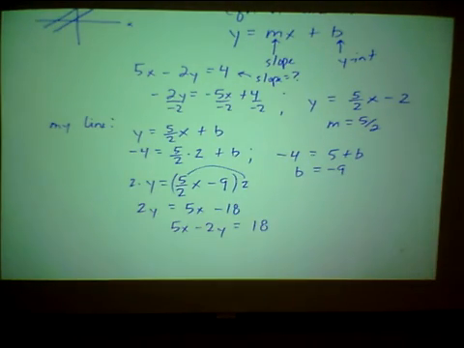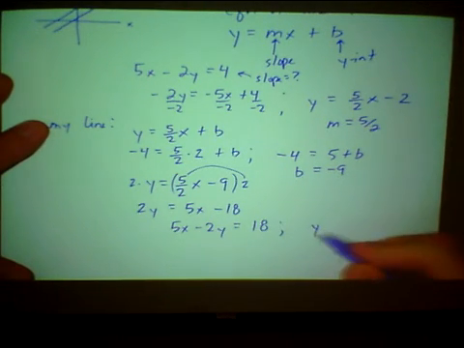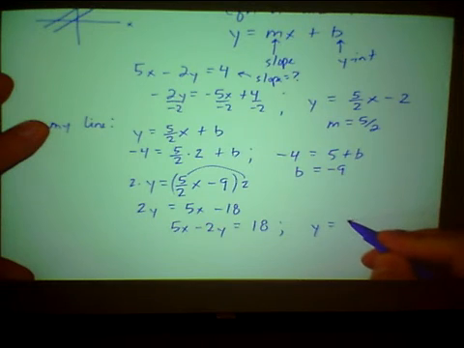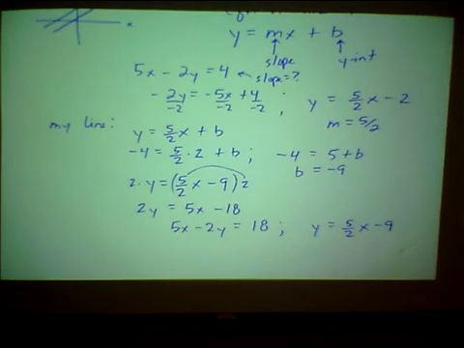So there's the equation of the line in the general form, and once again, in slope-intercept form it's y equals 5/2 x minus 9. So there we found the equation of a line that is parallel to another line.